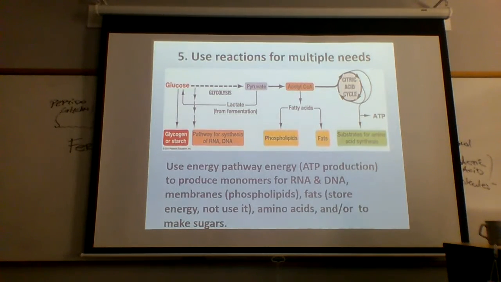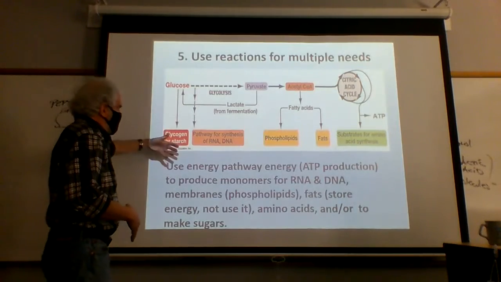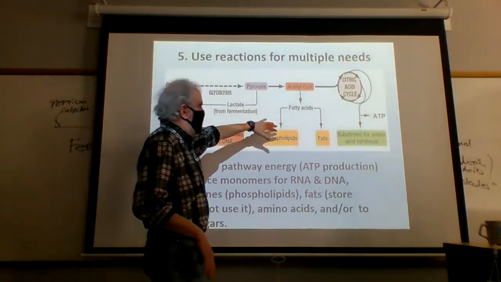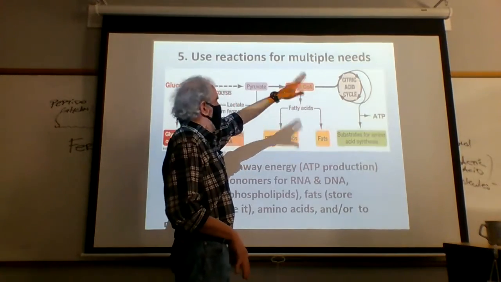But if we think about this from a bigger perspective, we're not only eating glucose, and this goes for bacteria and for you and I. We are breaking down a whole range of metabolites, everything from starches and sugars to things like fats and other molecules.